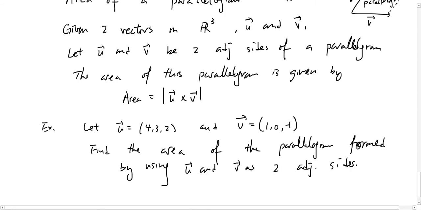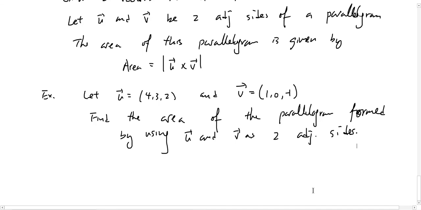You cannot use them as opposite sides, because if you use them as opposite sides, you won't form a parallelogram unless u and v are in the same direction. Then you won't have the other two sides, so that would not work. So they have to be two adjacent sides.